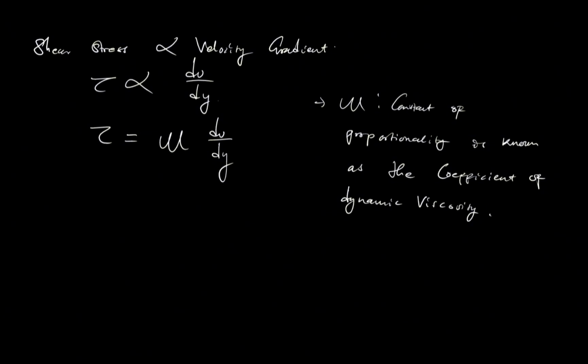Now, with this in mind, I need you to understand that viscosity can be thought of as the ability of fluids to resist continuous deformation due to what? A shear stress. Now, if the dynamic viscosity is mu, then it's up to us to make mu the subject of the formula. We have shear stress equal to mu times the velocity gradient, du over dy.